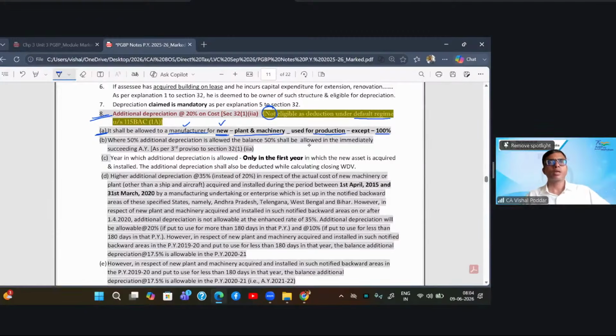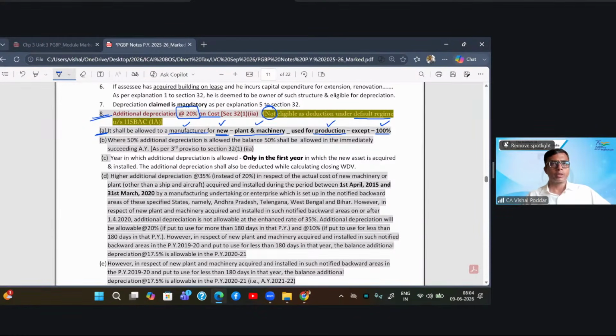So these are the 5 conditions. One, you are a manufacturer. Asset is not a second-hand asset. Asset should be only plant and machinery, which is used for production and whose rate of depreciation, normal rate, is not 100. When all these conditions you satisfy, then under the old scheme, they say additional depreciation is allowed at the rate of 20% on the cost.